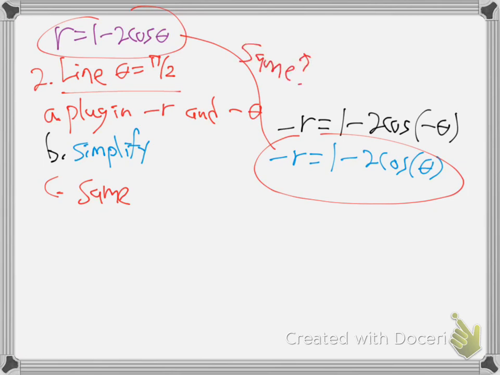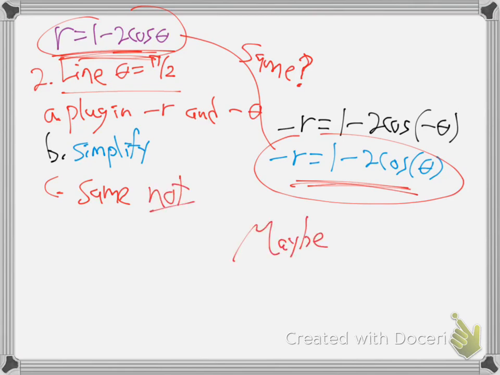Is this one the same as the original one? No. This one has a negative r, that one has a regular r. No, they're not the same. So that means it maybe has that symmetry. Probably not, but maybe. Number 2 is a maybe. It's getting easy, repetitive. Easiest thing we've done in this chapter so far. Okay. Questions on that one?